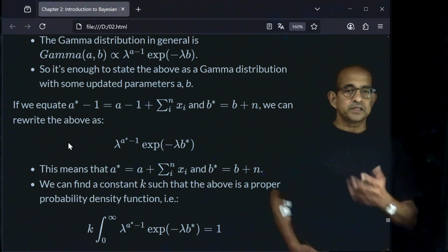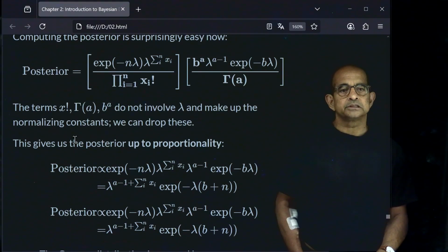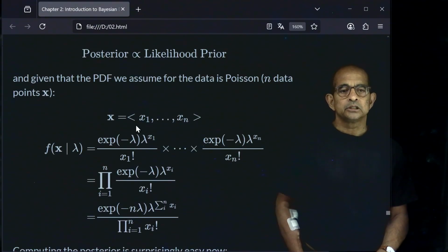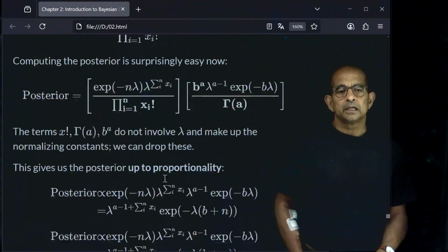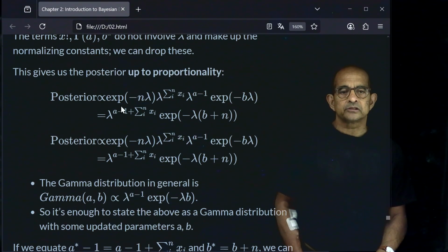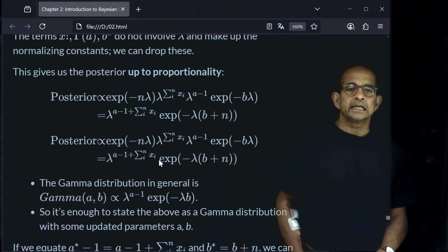So I just derived that in this calculation here by doing all these simplifications, up to proportionality. I came up with the kernel of the gamma distribution, so I know what the updated a and b parameters are.